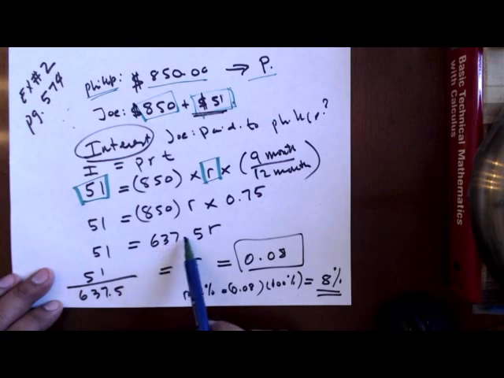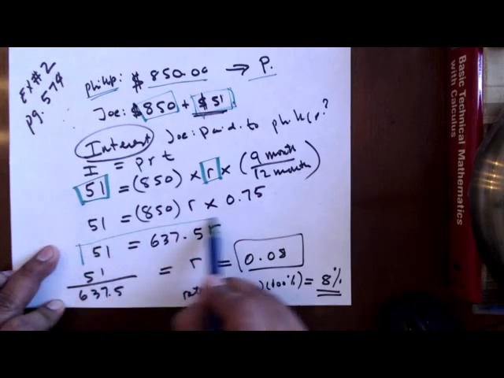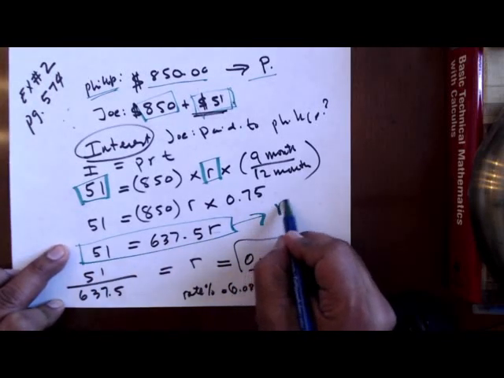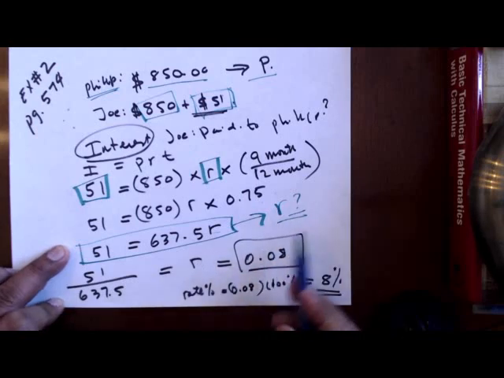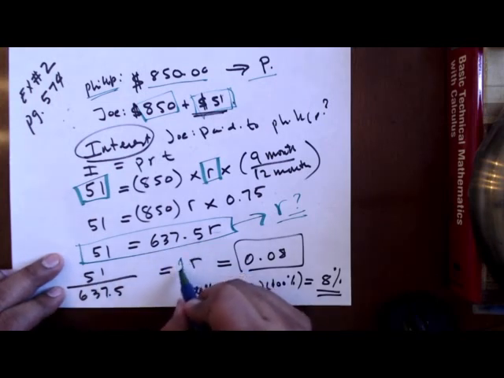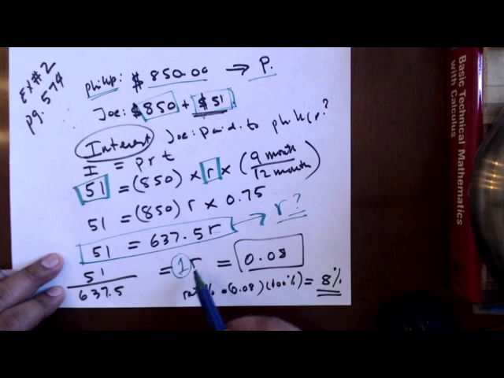51 equals 637.5 R. So R has to be solved from here. We need to solve for R, we need to find what the value of R is. And to do that, we divide everything by 637.5, and that's what we did here, and that's why we ended up with a 1 here. But we don't write it down, we got 1R.